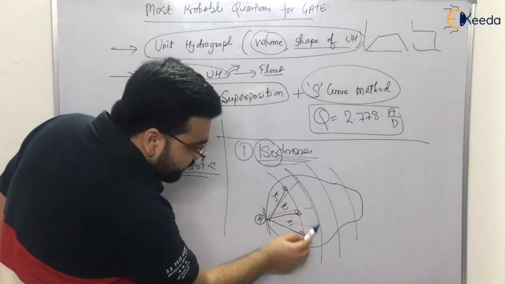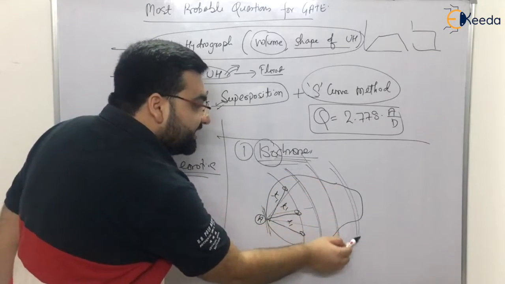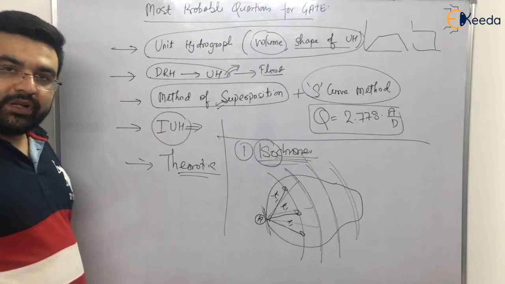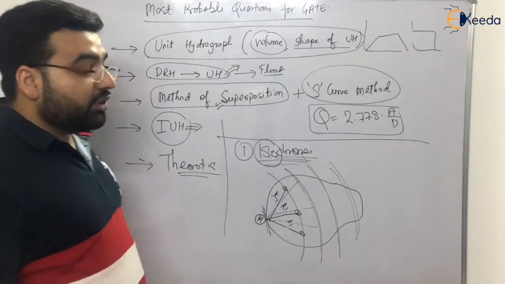These hypothetical lines are known as isochrones. Clear? So this type of theoretical question can also be asked.